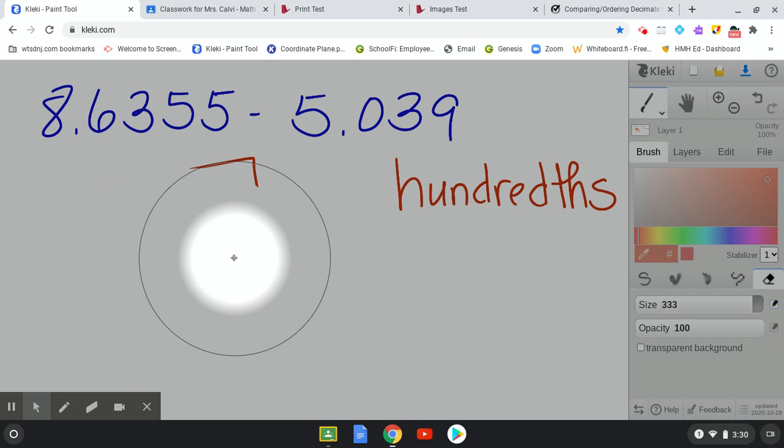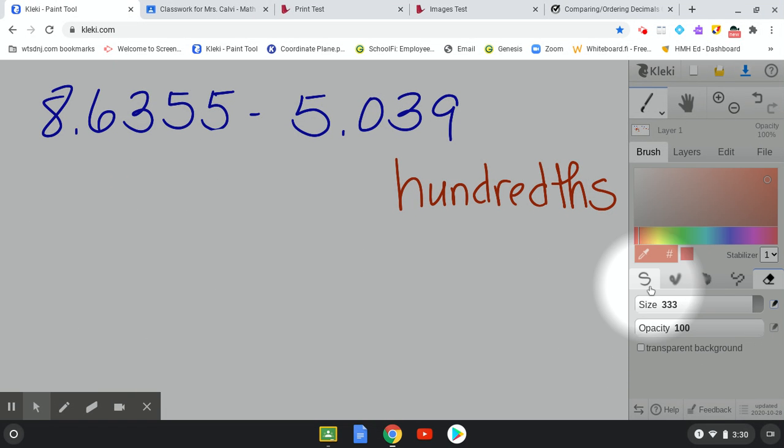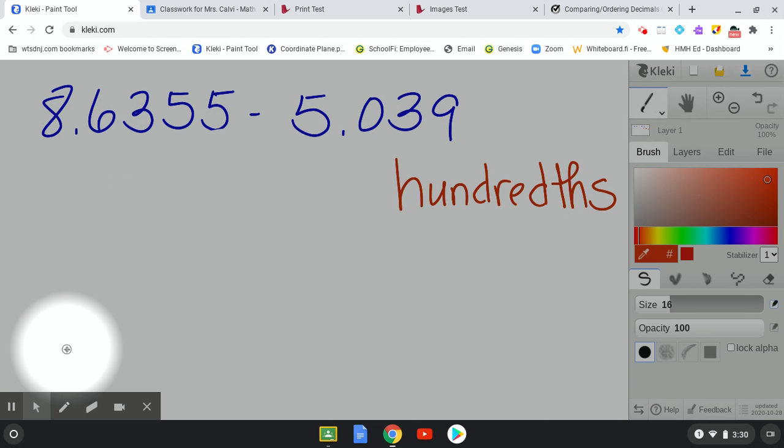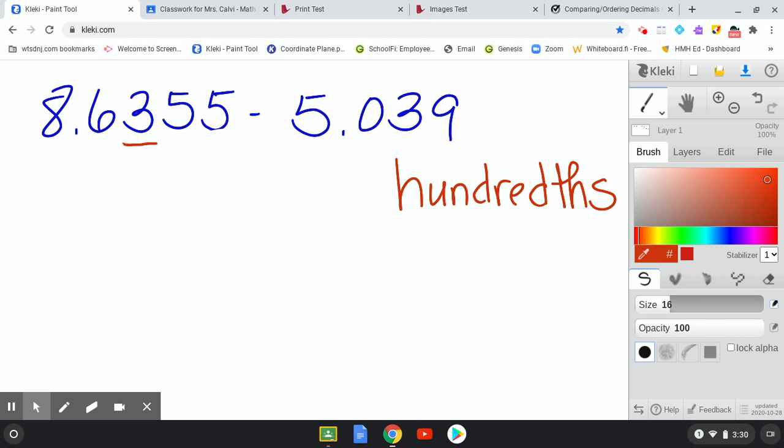All right, so I'm going to round both of these to the hundredths place. So I'm going to underline the hundredths place in each number. So the 3 is in my hundredths place, and the 3 is in my hundredths place. I'm drawing my arrows to the right.